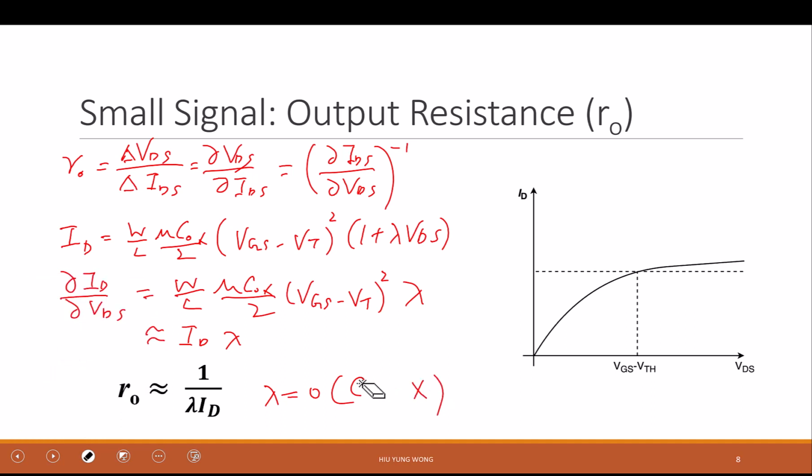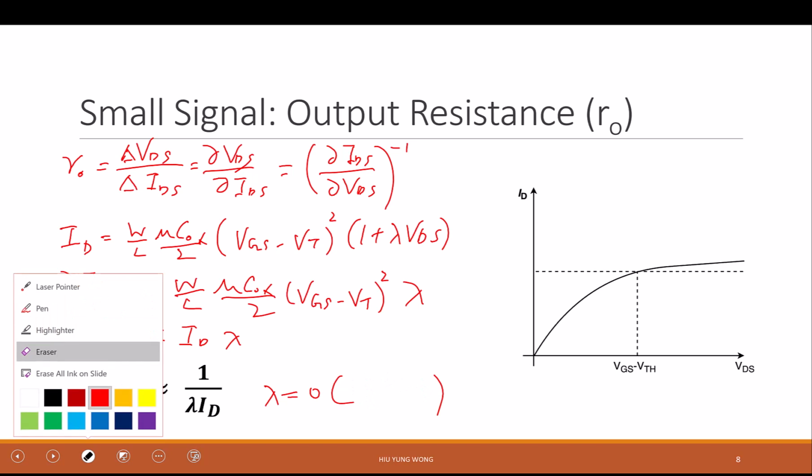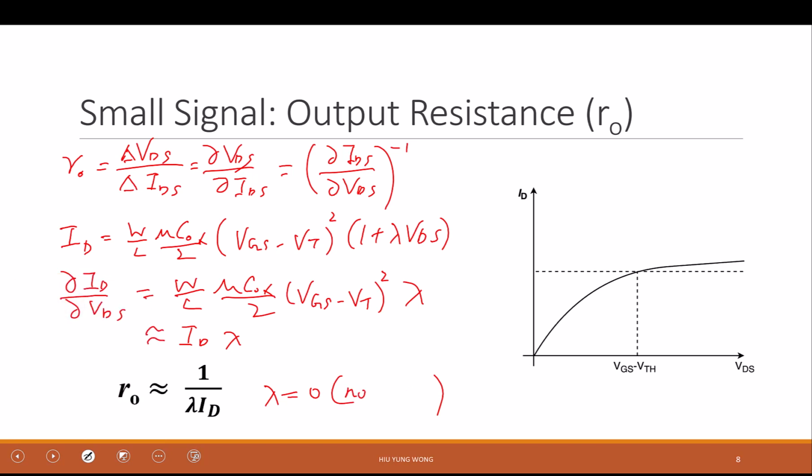Then what is R0? Infinity, right? So when you don't have channel length modulation, you have infinite output impedance, which is the ideal case that we want. Okay.